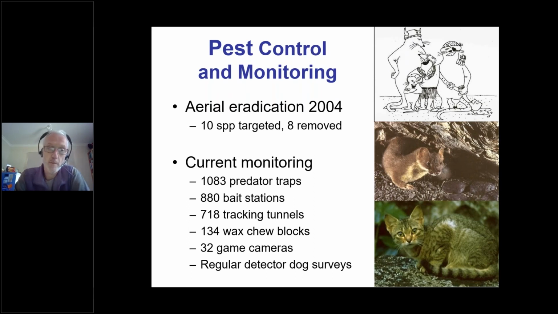Mice and a small number of rabbits persist. And there's a big ongoing monitoring program with all the usual predator traps, bait stations, wax tags, etc., to try to pick up incursions of the various species, including the things that were eradicated, particularly rats, cats, and stoats.